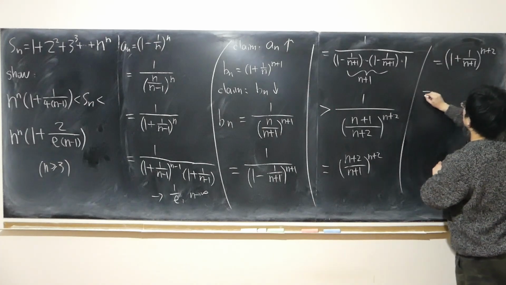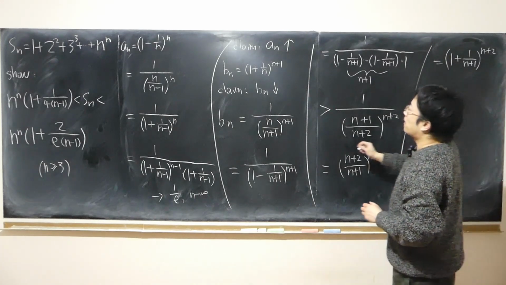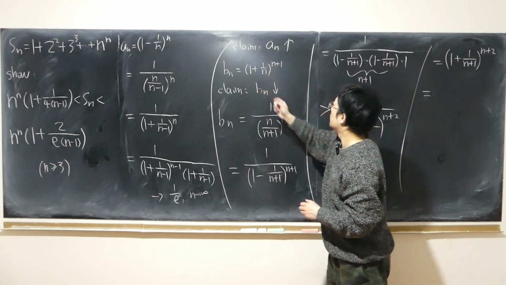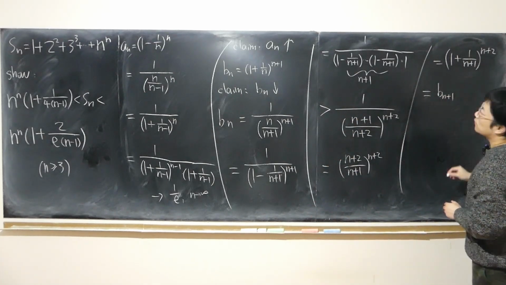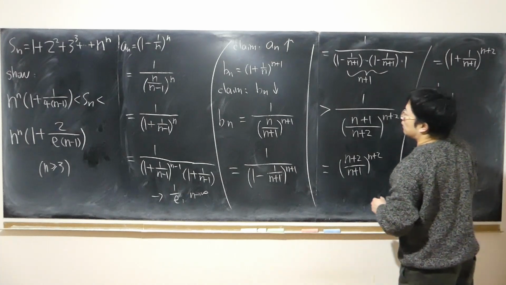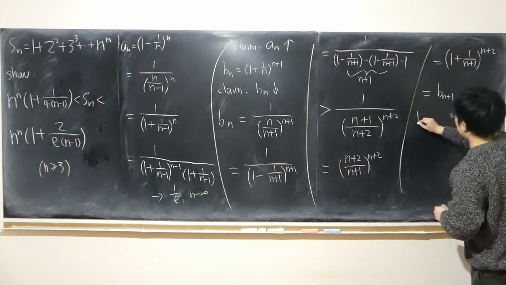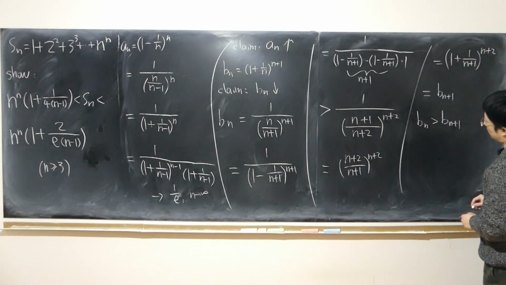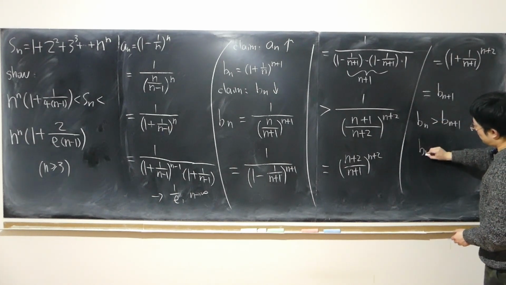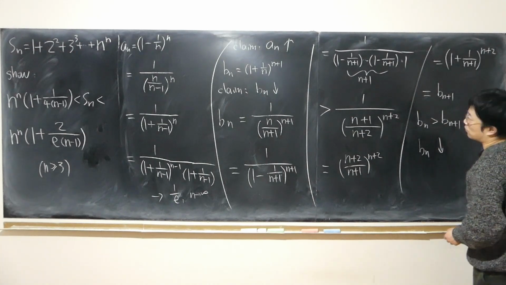All right, what's the pattern here? There's Bn, so this must be Bn+1. So in conclusion, Bn is greater than Bn+1. So obviously, yes, Bn is decreasing.